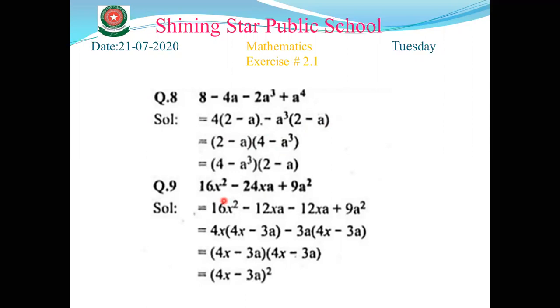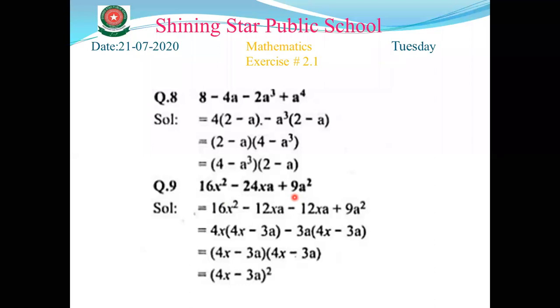16x square minus 24xa plus 9a square. Okay, now in these types of questions, we multiply the first digit with the last digit. Means 16 multiply 9, which is 144.